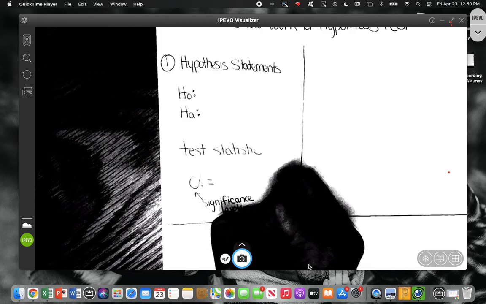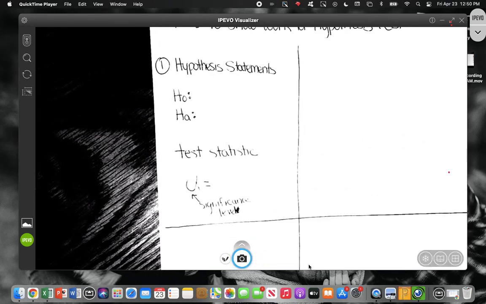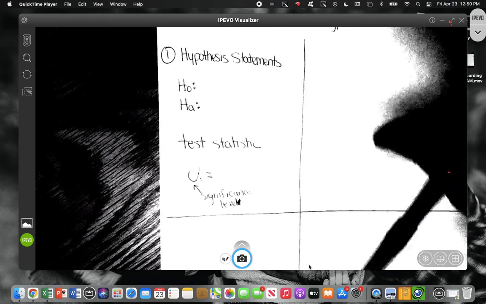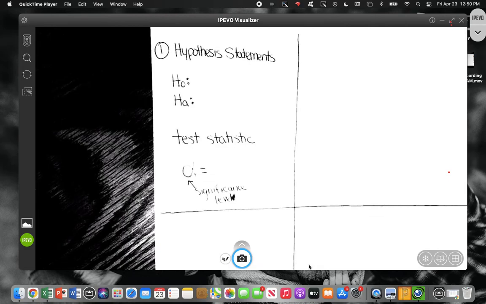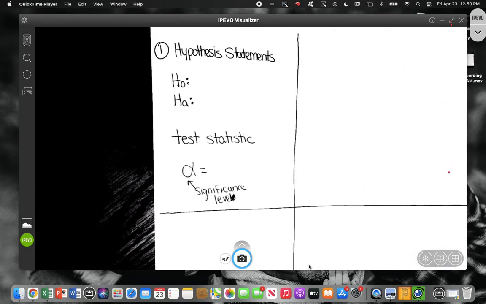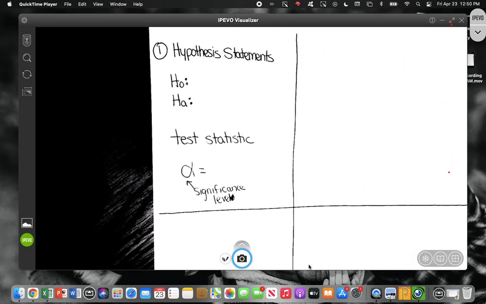I cannot spell today. All right, so this is what we're looking for. That looks better. Whenever you're writing your hypothesis statement, this actually isn't a lot of work. You're just stating what the null hypothesis is, what you believe the alternative is going to be, and then you name your test statistic and your significance level.